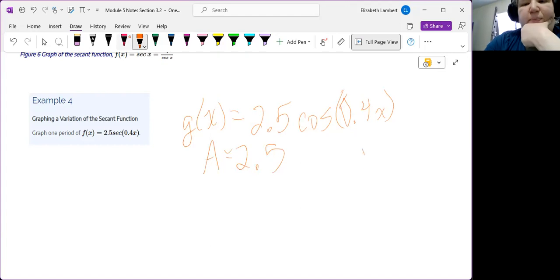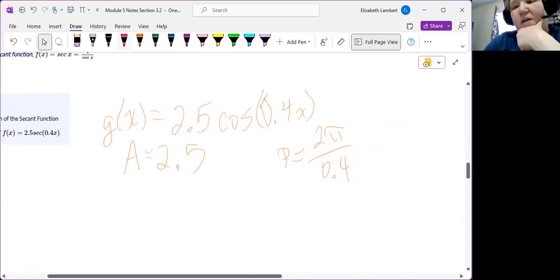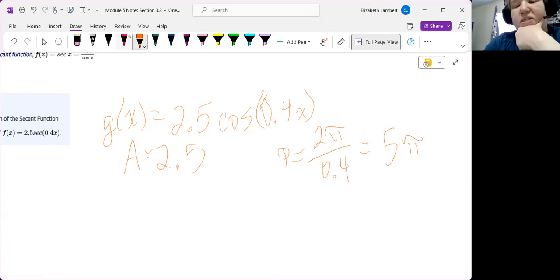And then our period is 2 pi divided by 0.4. 0.4 is 2/5, or just 2 divided by 0.4, crunch, crunch, is 5. So this is 5 pi. So our period is very, very weird.